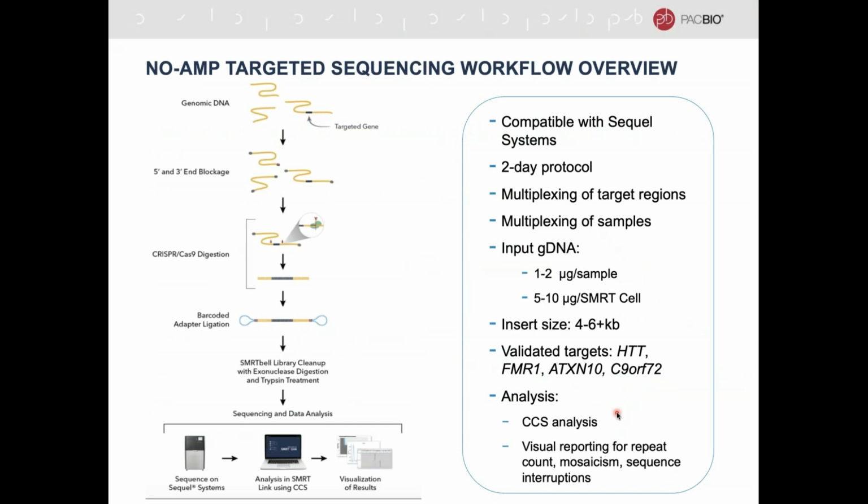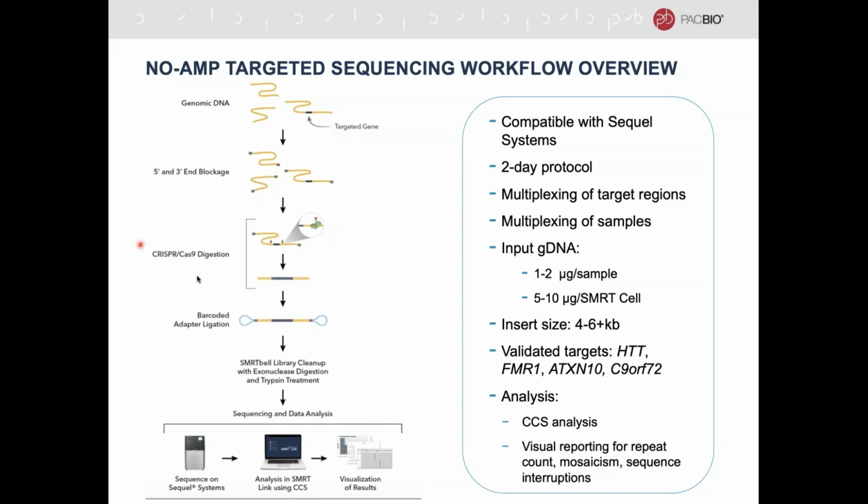Okay, so let's switch over. I'm going to give you a visual overview of the method, and I'll talk about it a little more in detail in the next slide. Just briefly, you start with your genomic sample and extract the DNA. After that, you block both the 3' and the 5' ends of your genomic DNA, just so that they're not accessible for ligation in the future steps of the protocol.